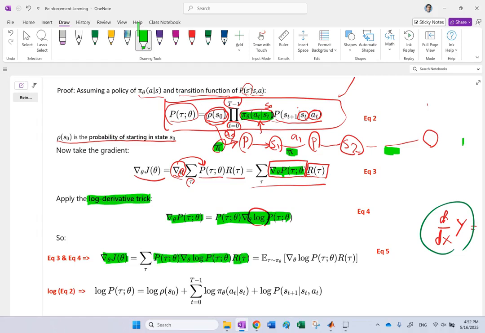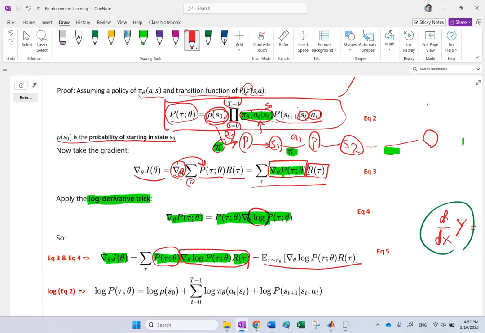So far so good. And based on the definition of expected value, this is basically the expected value of this, because here I use the probability of this trajectory multiplied by it. So that's the expected value of it.